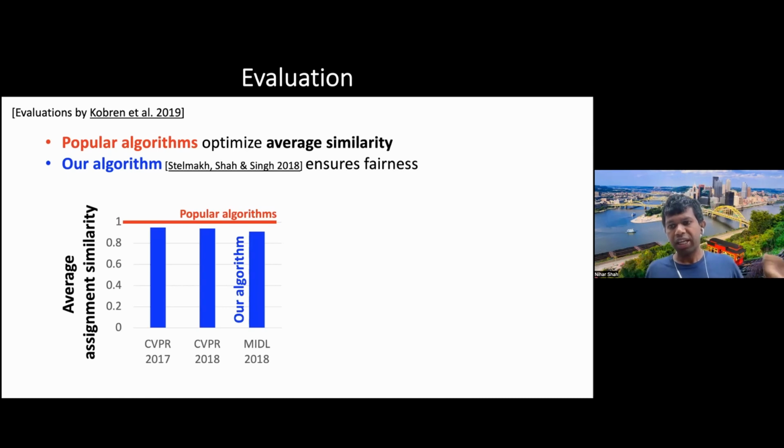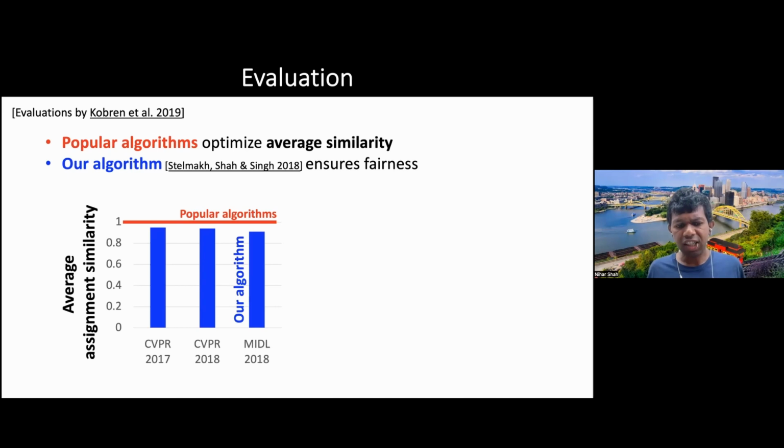That's the value of the objective for the optimization problem in the initial slide, the sum over all reviewers and papers. The red bar is the popular algorithms which optimize the average similarity, normalized to 1, and the blue bars are our algorithm which tries to make it more balanced.